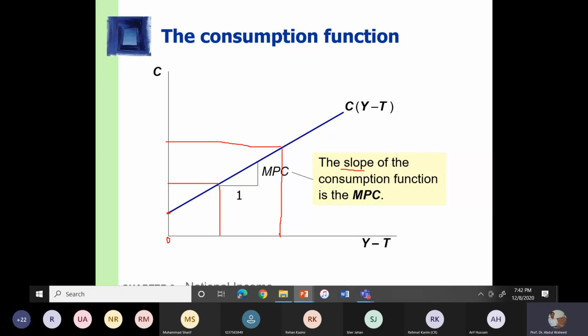This marginal propensity to consume is the slope of consumption function. ये डेल्टा सी और डेल्टा वाई माइनस टी, या डेल्टा वाई डी. So change in consumption divided by change in disposable income is the marginal propensity to consume, which is the slope of consumption function.